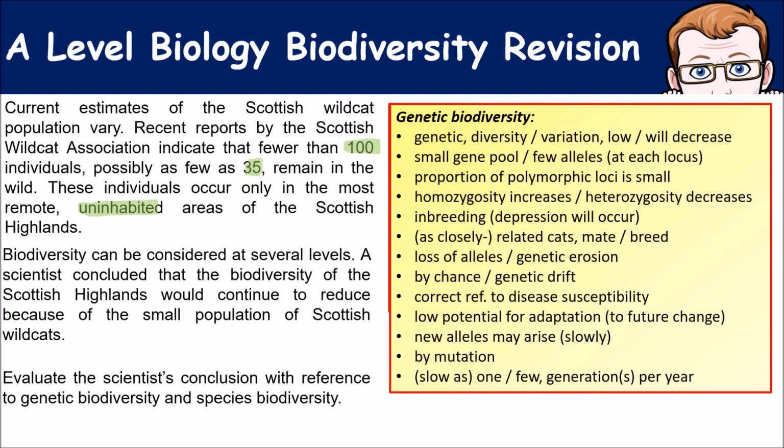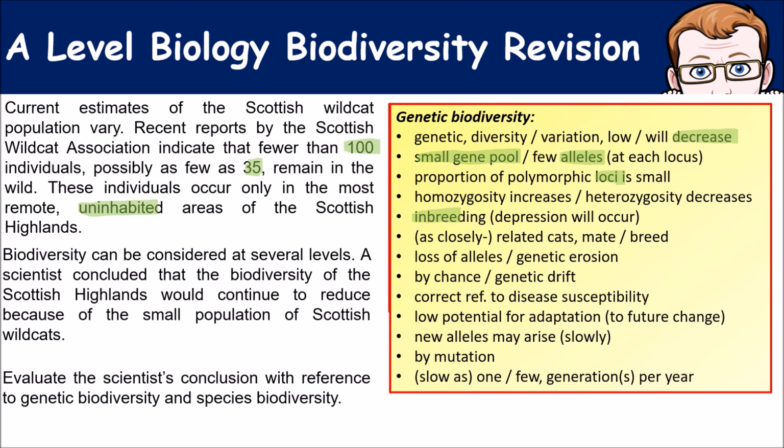If we're now going to look at genetic biodiversity, remember, genetic biodiversity will decrease if they go extinct, because you're removing one. However, if you keep all of those 35 wildcats in one place, that will also decrease the genetic biodiversity, right? Because you're getting a small gene pool, so there'll be fewer alleles. So the proportion of polymorphic loci, so positions of genes on a chromosome, will be low.